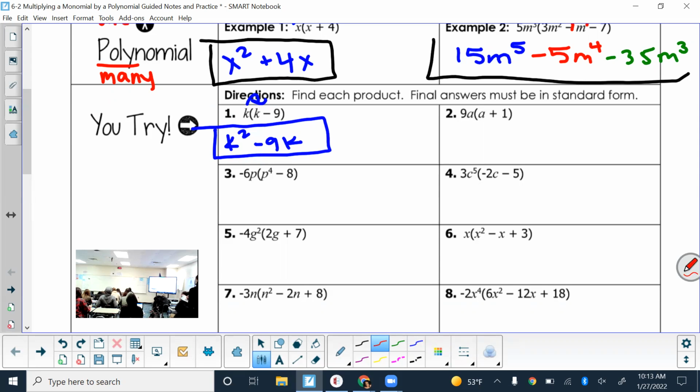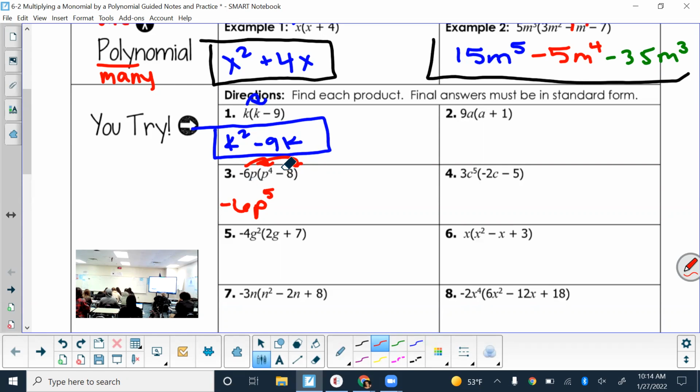All right, so then number 3, same thing, distribute and just take it one term at a time and start with the coefficients. So like what's -6 times 1? -6, and then use the product rule on the p. So p to the 1st times p to the 4th is p to the 5th.